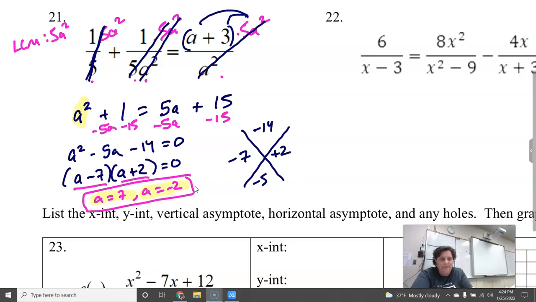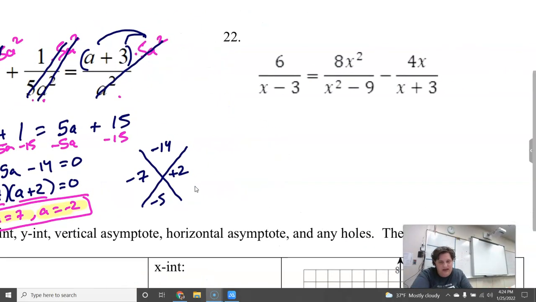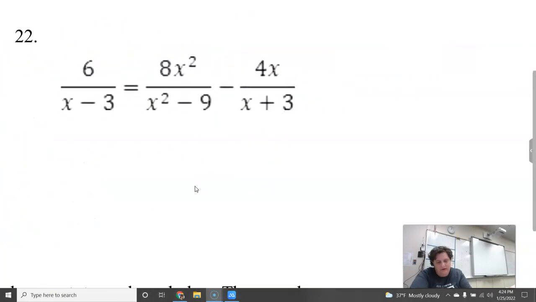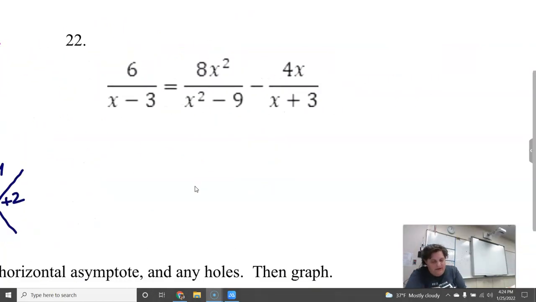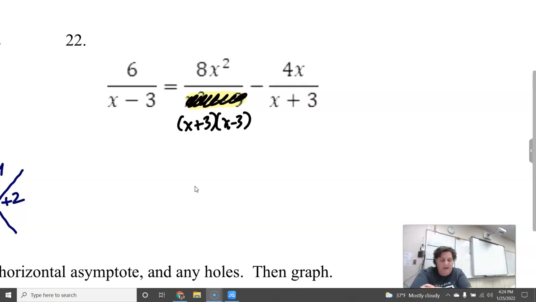All right? Okay, now let's check out this last one. You guys might notice that x squared minus 9 factors to x plus 3, x minus 3. Okay, so I'm actually not going to look at that. Now, that tells me that my LCM is x plus 3, x minus 3, because that covers everything on all the different ones.